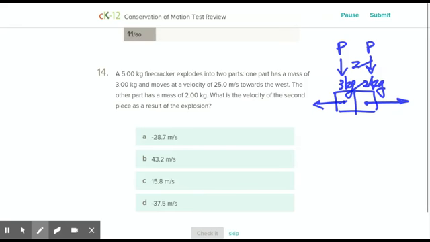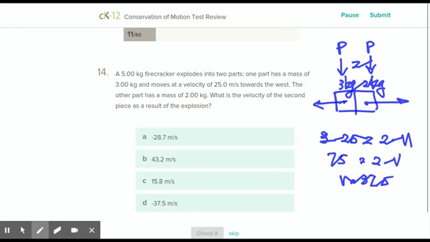So the momentum of the first part is 3 times 25, which should be equal to the momentum of the second part, 2 times the velocity you're looking for. So that's 75 equals 2 times the velocity we're looking for, and v equals 37.5.